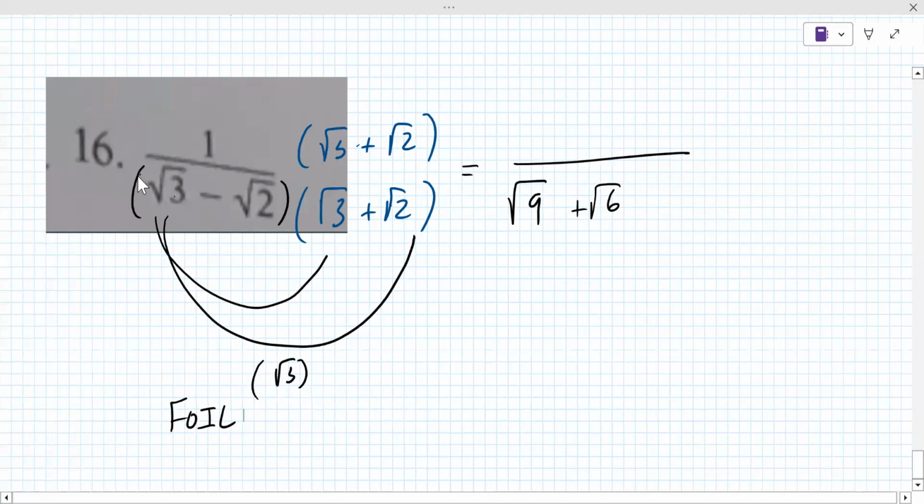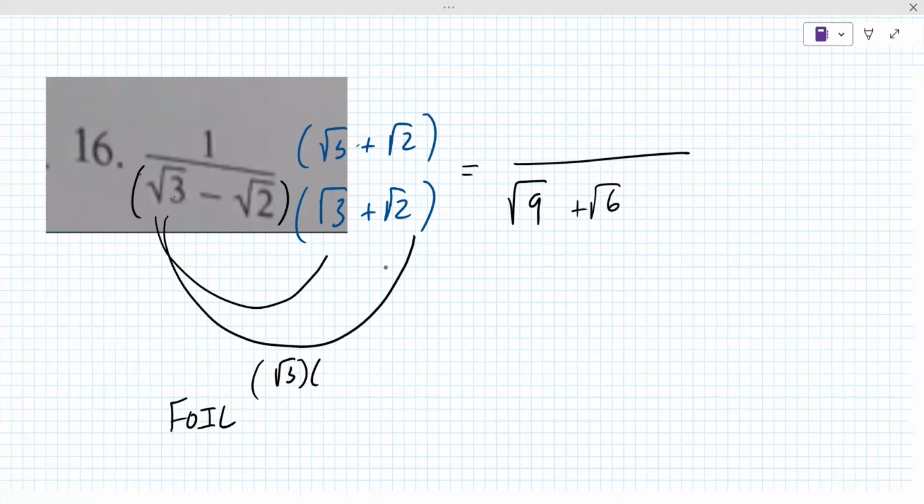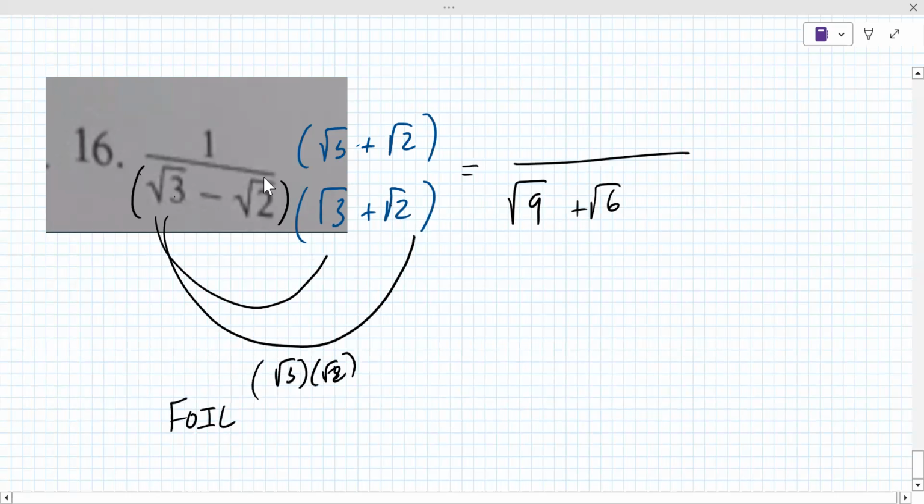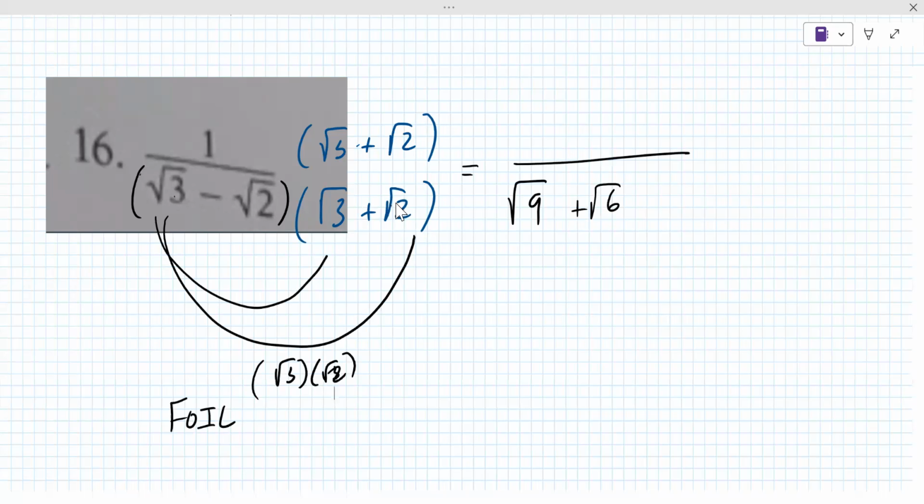The outside means the left and the right one. So square root of 3 and square root of 2, that's the one on the left and the one all the way on the right. That would be square root of 6.